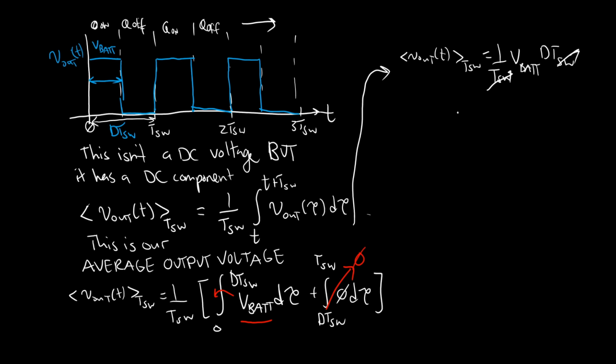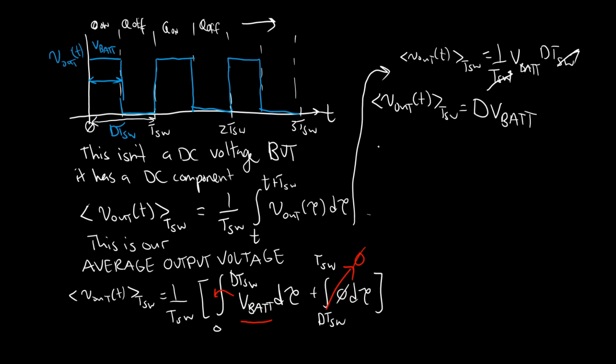And again, we can cancel out these TSWs, and then what we end up with is that the average output voltage is equal to D times VBAT. The average output voltage is equal to D times the input voltage.